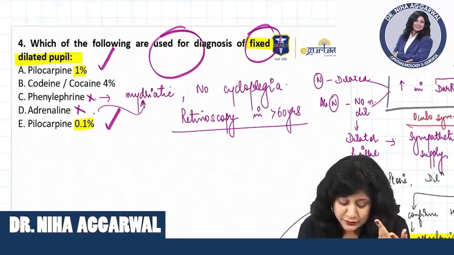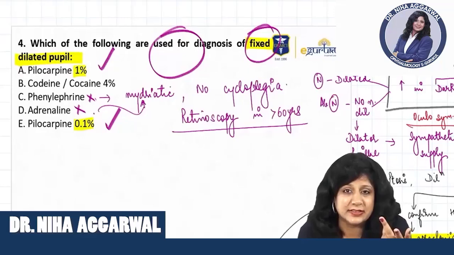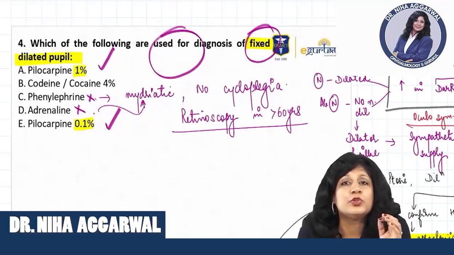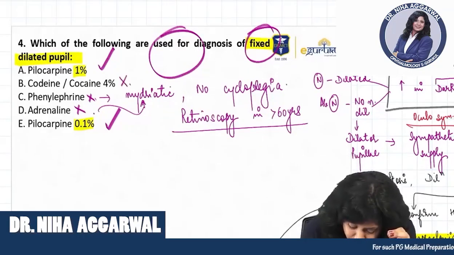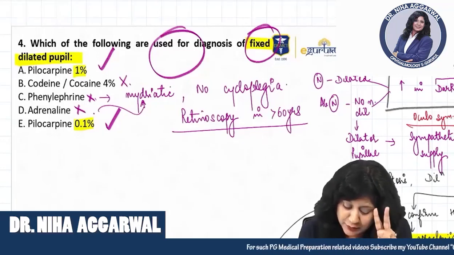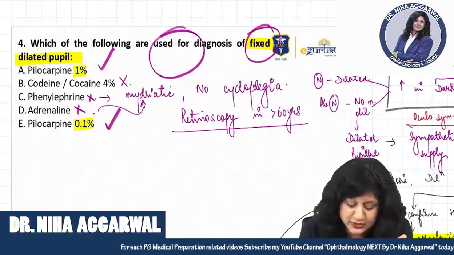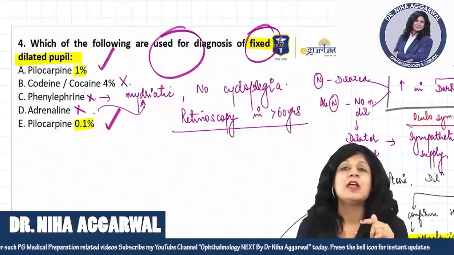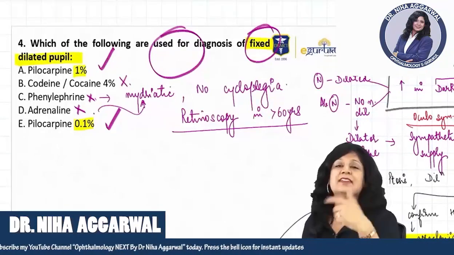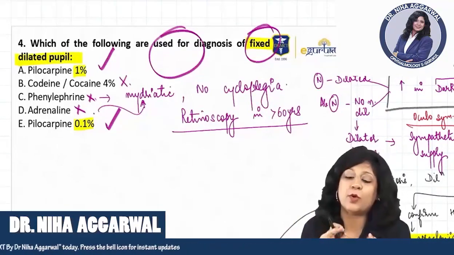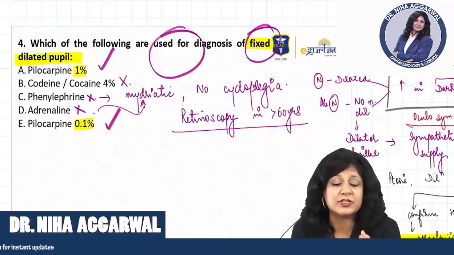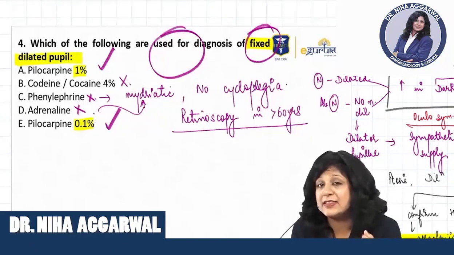Now as far as cocaine is concerned, again there is no use of using cocaine here. So we have got two options, right? Which of the following will be used for the diagnosis of a fixed and dilated pupil? I want to constrict it and see whether it is constricting with 0.1 to 5%. If it is constricting, then it is the Adie's tonic pupil.